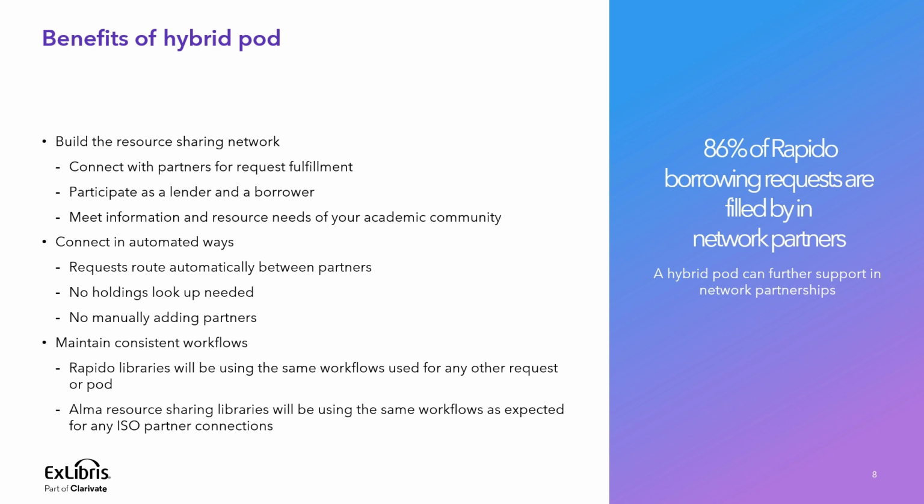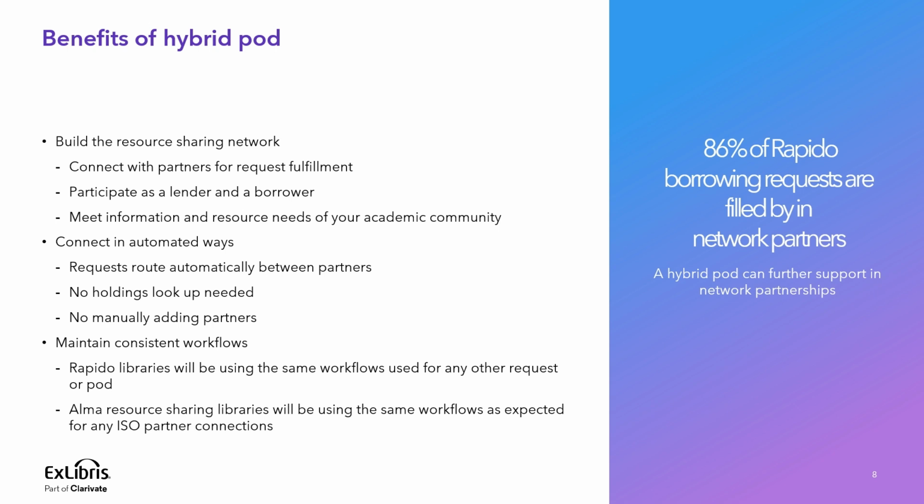Also, working in a hybrid pod allows both groups of libraries to maintain their consistent workflows. For the Rapido libraries, they'll be able to process requests the same way that they're used to with their Rapido pods today, and the ALMA resource sharing libraries will be able to process requests and manage their workflows in the same way that they're used to working with their other ISO peer-to-peer partners.